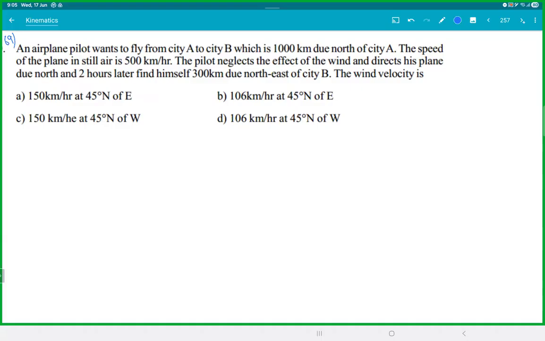Before going ahead, let me teach you one small thing. Listen to this. If someone tells you you're going 20 kilometers per hour, or someone says 30 degrees north of east, what is the meaning of this? So listen to the word.